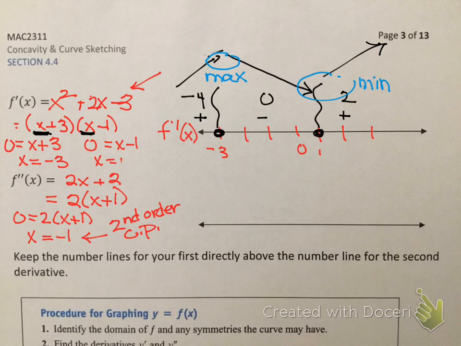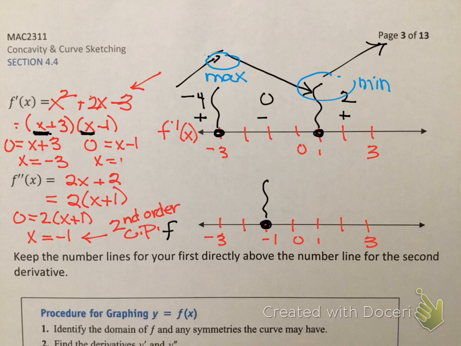So let's put that on my number line. You guys are going to want to line up these number lines right on top of each other so that you can see what's happening, because you're going to need to learn to read them this way. So I have a second order critical point at negative 1.